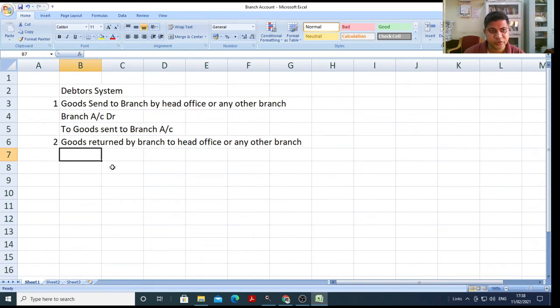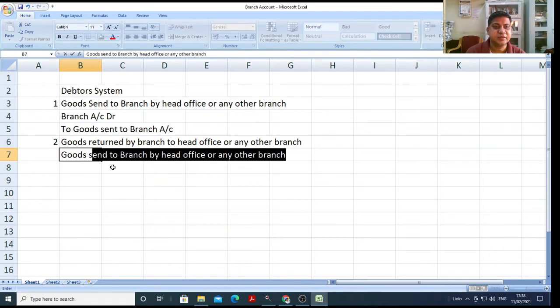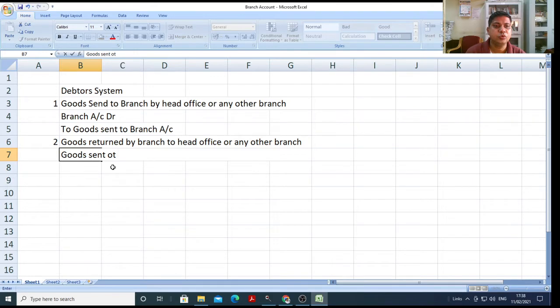The first entry's opposite entry will be: goods sent to branch account debit to branch account. This is the entry for goods returned by branch to head office.